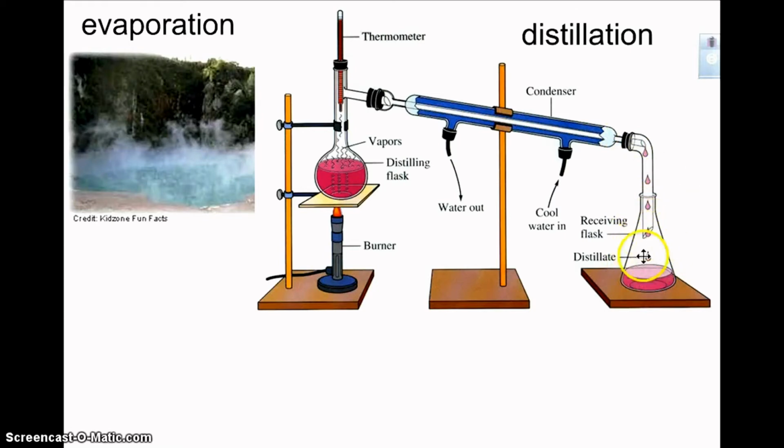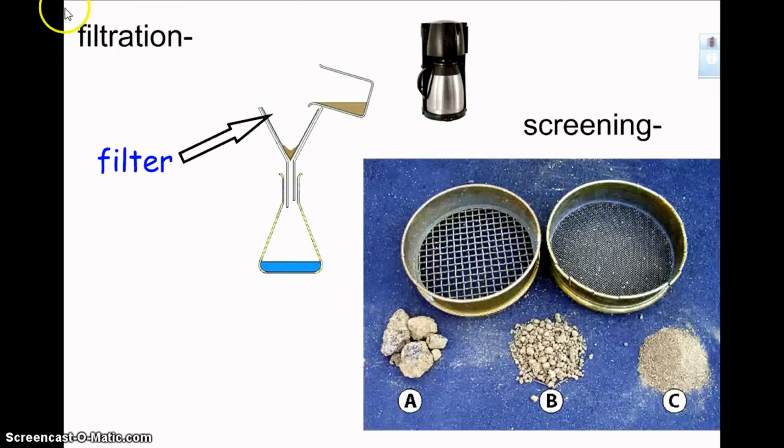So the liquid has been separated out of this solution. That's distillation. Okay, that's that method for separating a mixture, distillation. It's a method used for separating liquid from a solution.